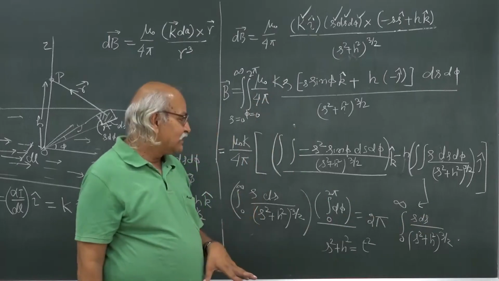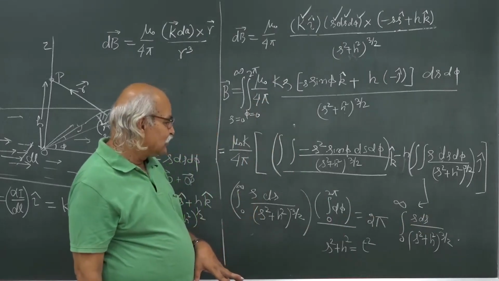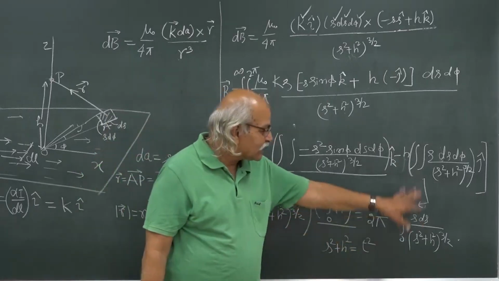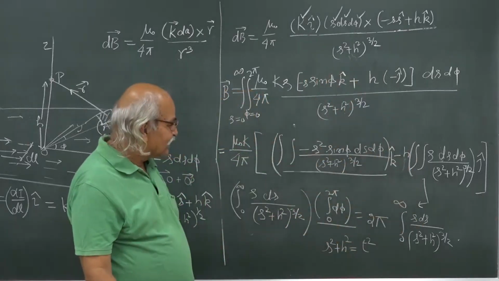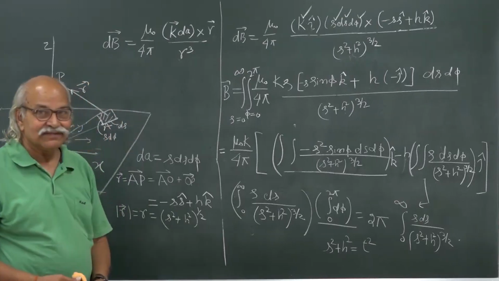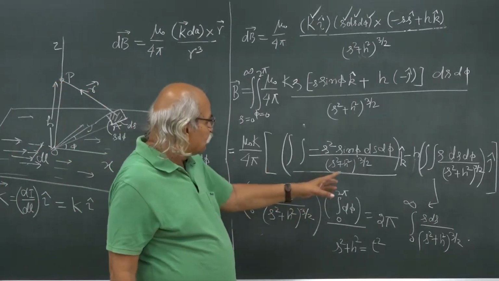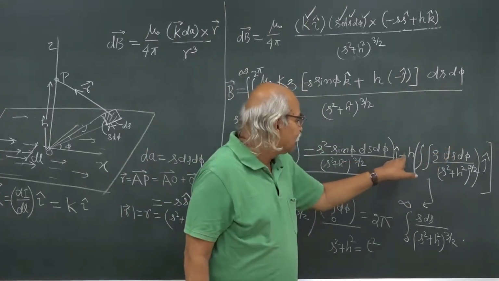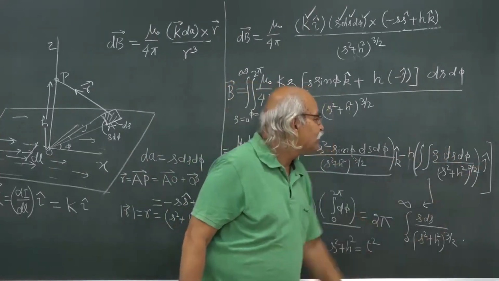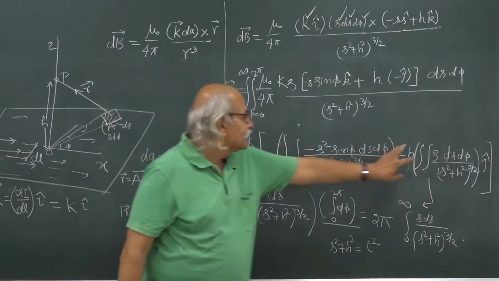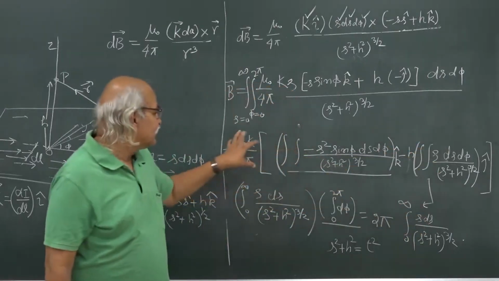You know 1 by t square dt is very easy to integrate. So, you can do that, put the values and do the rest of the algebra. I will give you the result. After that, you have to put this integration here, with minus h, j cap, and mu naught k by 4 pi, and this integration which is coming, that will be there.